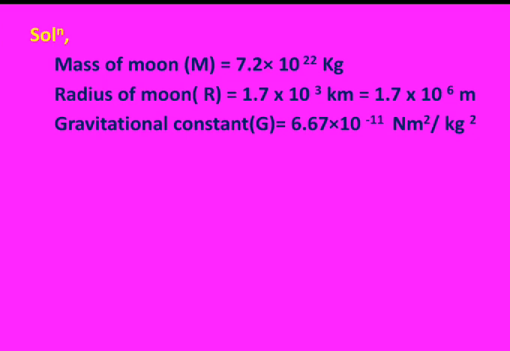Gravitational constant, capital G, equals 6.67 into 10 to the power minus 11 Newton meter square per kg square. Acceleration due to gravity, small g, equals what?